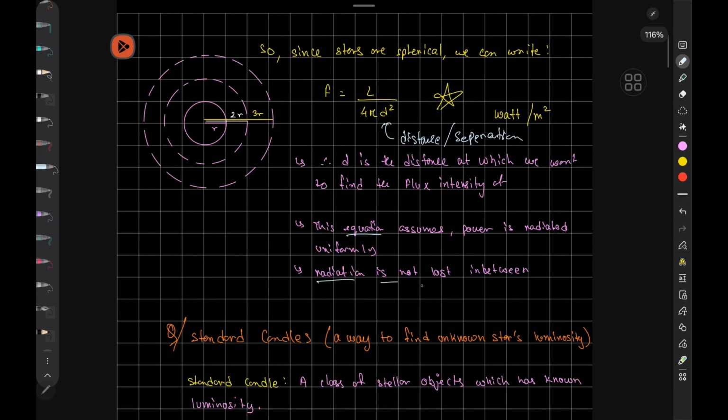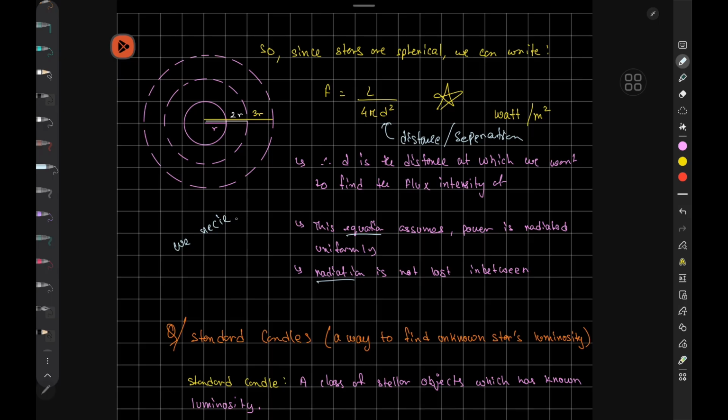So I've written that we assume the radiation is not lost in between, because of the total amount of light that we receive. We receive a certain amount of light from our observatories, from our technical appliances, for astronomical observations. There are different types of telescopes, which capture light at different frequencies.